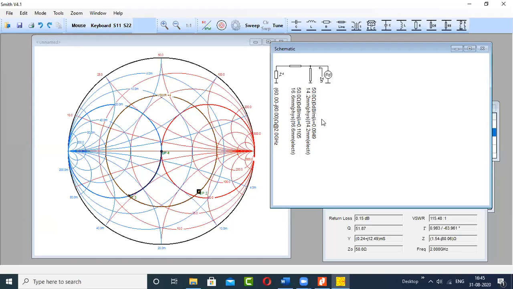Sir, was the same the answer? Sir, the answer was 0.095. Yes, sir, it matches, correct, exactly. 0.0949, yes, so it is 0.095. Yes, so approximately 0.095. So this is the length of the short circuited stub.